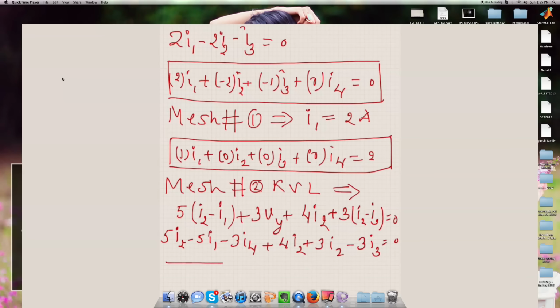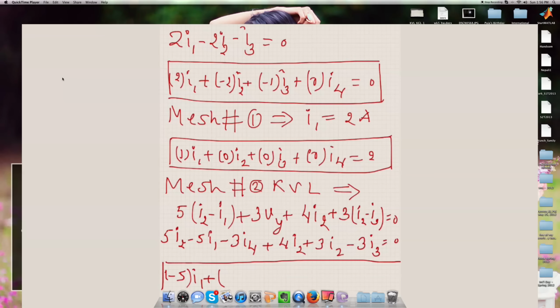Let's try this box. So we have things to go in the matrix. In this box, let's start with the I1. We have minus 5I1. So we will have to put minus 5, first of all, times I sub 1. And then with the I2, we have 5I2 and 4I2, that will be 9I2 plus 3I2, that makes 12I2.